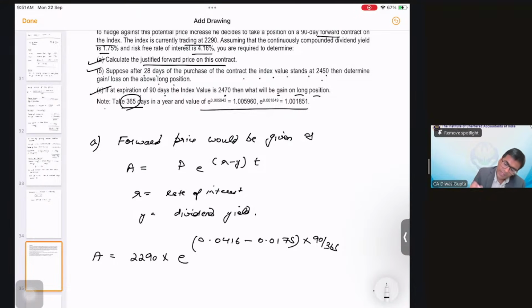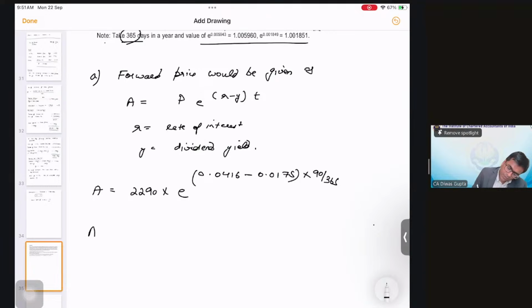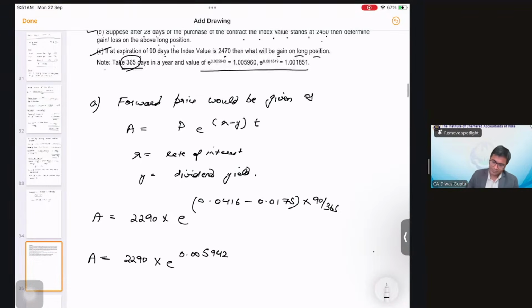They've already said to take 365 days and hence we are taking 365 days. So A is equal to 2290 into e raised to the power 0.005942, right? Perfect.